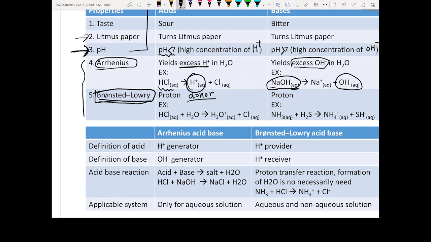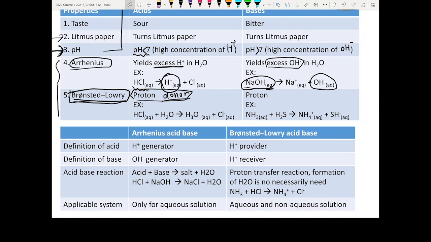That means it's going to give out a proton to some other partner. We call that species an acid. In contrast, the base is the proton receiver, or the proton acceptor. The one that accepts the proton is defined as the base.